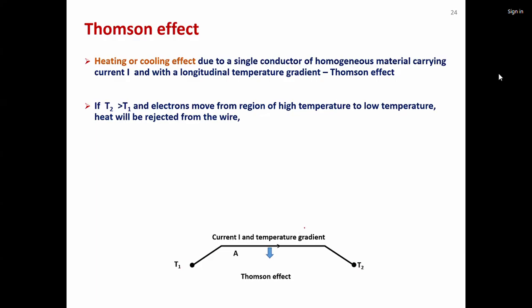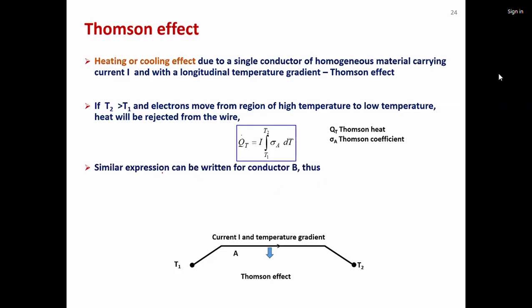In that case, heat will be rejected from the wire, and the heat rejected is given as the current times the Thomson coefficient times the incremental temperature dT, integrated from T1 to T2.